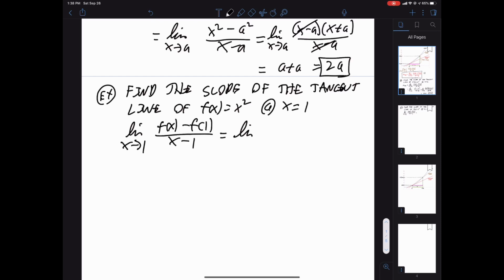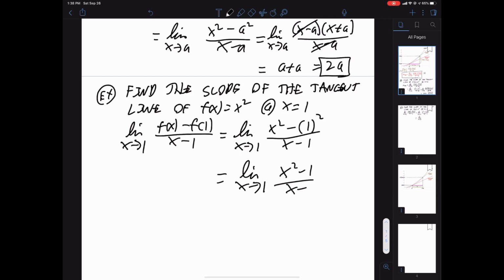So we still have the limit as x approaches 1, but now f of x is still x squared, but we plug in 1 for x, for f of 1, and we see the limit's going to be 0 over 0, which is indeterminate. So if that's the case, we have to do the factoring and canceling like we did last chapter.